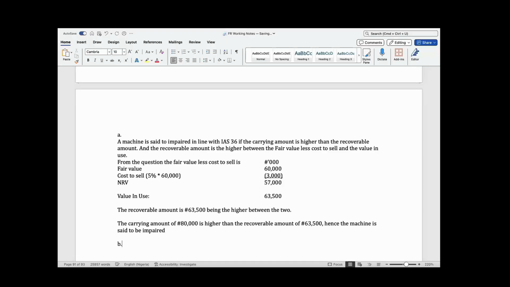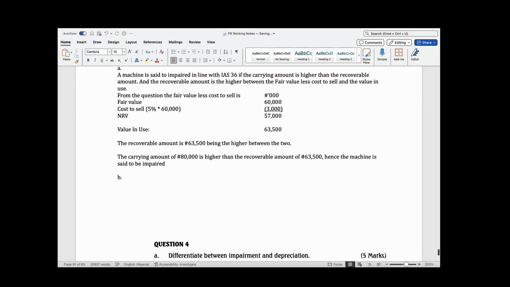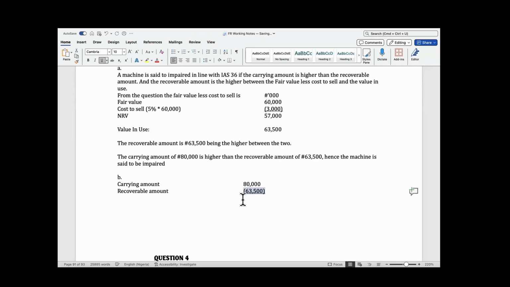So the B, where we are asked to calculate the impairment loss: we have a carrying amount of 80 and a recoverable amount of 63,500. So there is an impairment loss of how much? 16,500.